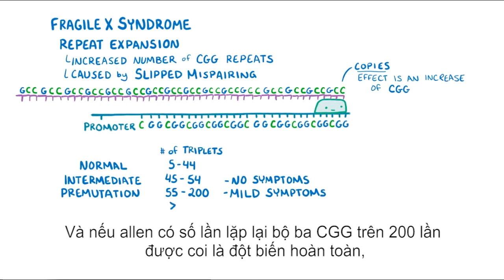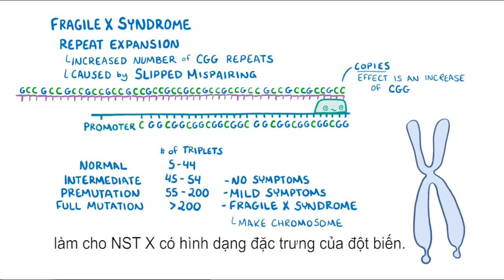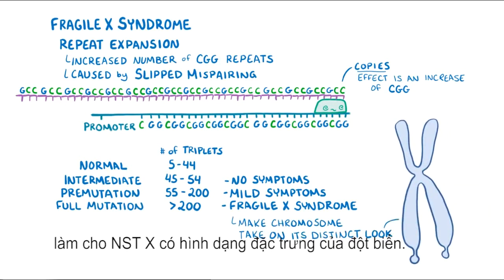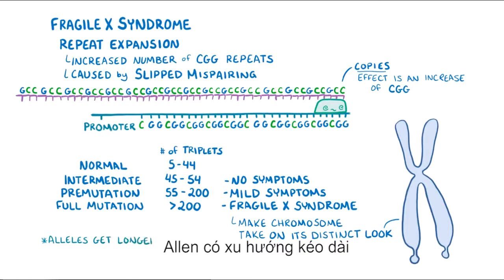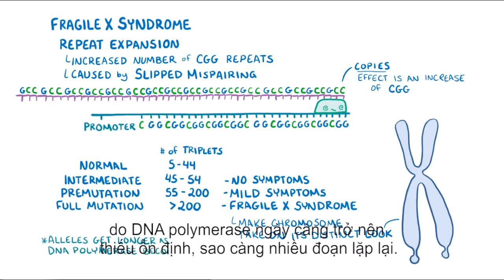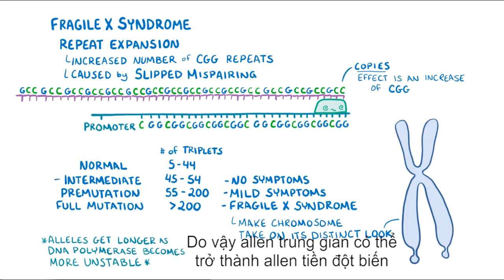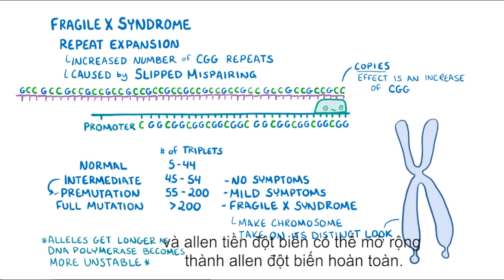Finally, if an allele has over 200 CGGs, then it's considered a full Fragile X syndrome mutation, and can make the chromosome take on its distinctive look. Alleles can tend to get longer and longer as DNA polymerase becomes more and more unstable, copying the longer stretches of repeats. So an intermediate expansion allele can become a premutation allele, and a premutation allele can expand to become a full Fragile X syndrome mutation.